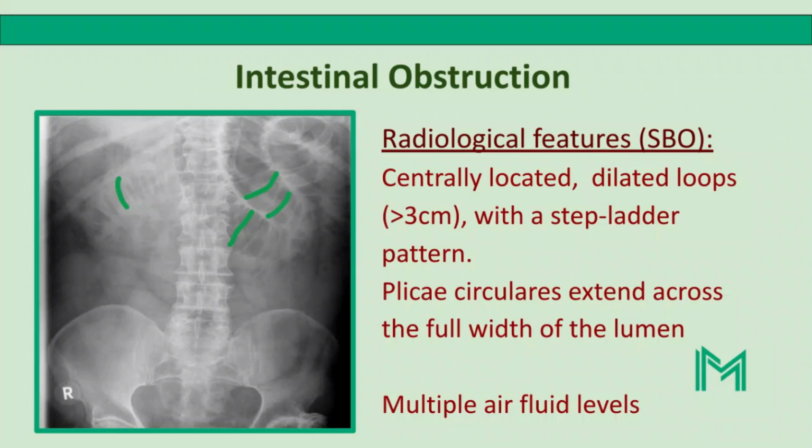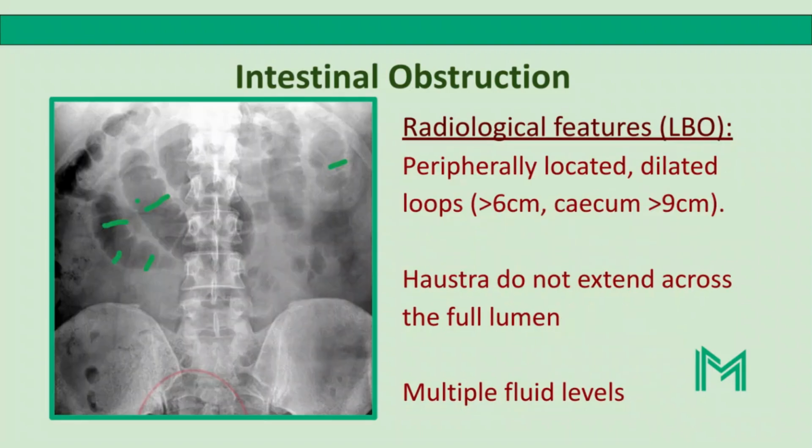So that's how you can tell the difference between large bowel obstruction and small bowel obstruction. In small bowel obstruction, the mucosal fold goes across the full width of the lumen, whereas in large bowel obstruction, it's just a partial extension, just halfway through. So that's the difference.